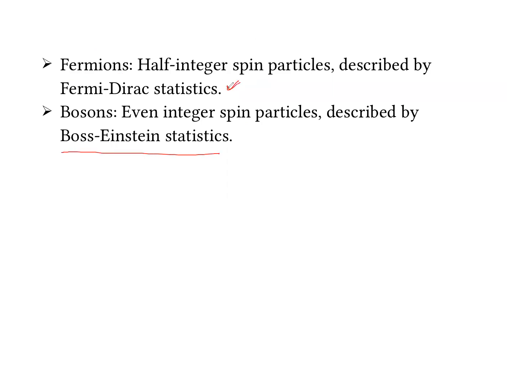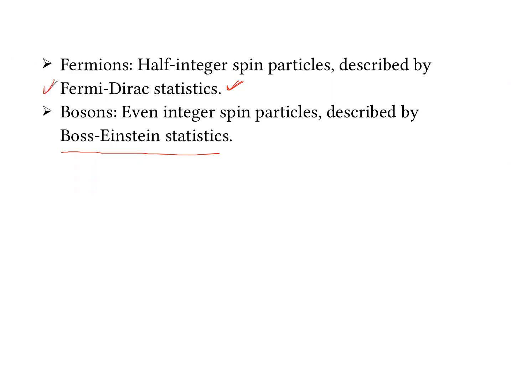Fermi-Dirac statistics means two fermions having the same quantum numbers cannot stay in the same quantum state. So if we have two quarks with the same color, same spin, everything the same, they cannot occupy the same space.